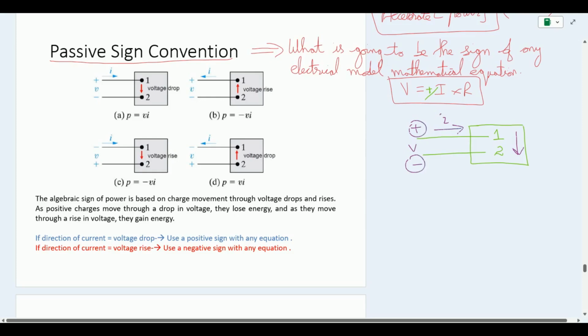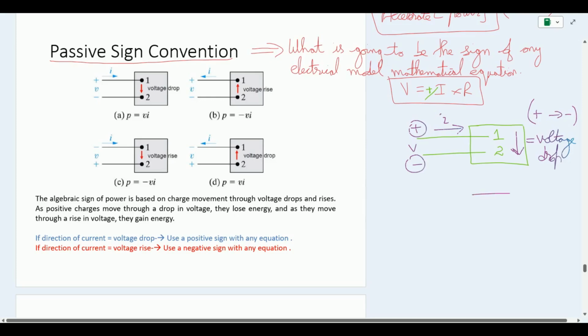It enters terminal number 1 and goes to terminal number 2. We call this kind of situation a voltage drop. So whenever the current is moving from positive to negative terminals, we say we have a voltage drop.